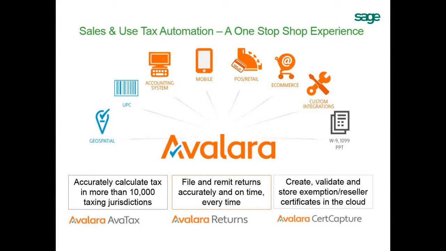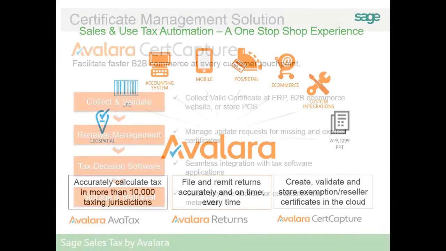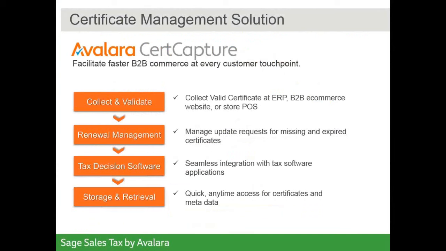So again, the answer is automation. With Avalara, we're going to calculate the taxes, we're going to file your returns, we're going to help you with the exemption certificates. With that, I want to jump in a little bit more specifically about the exemption certificate. So when I talk about an automated workflow, this is what I mean.